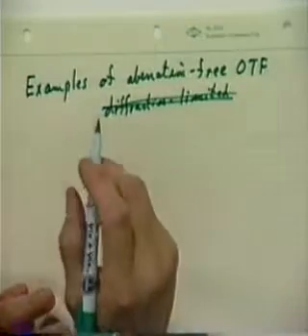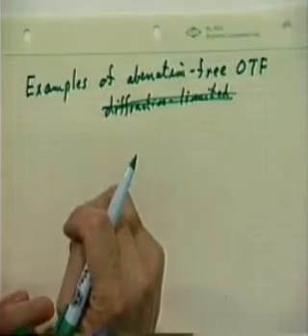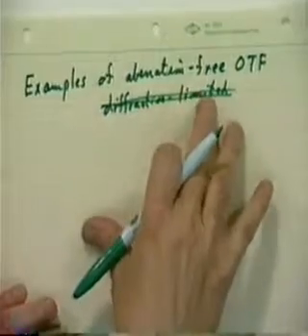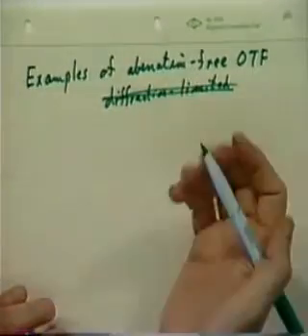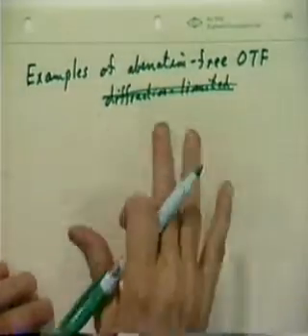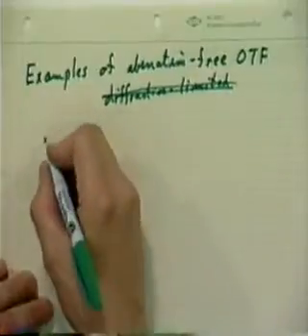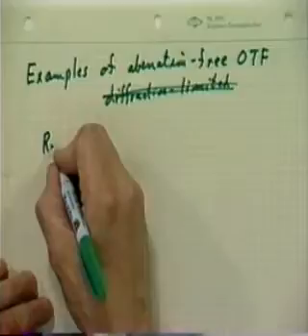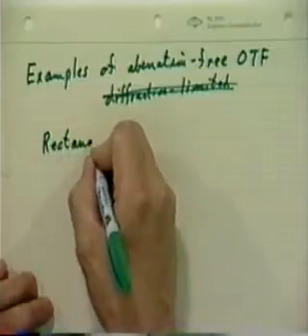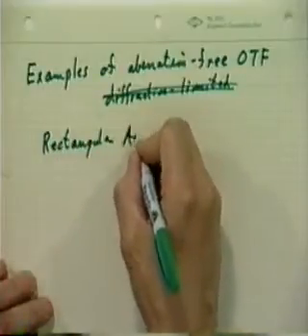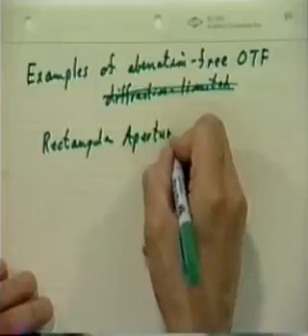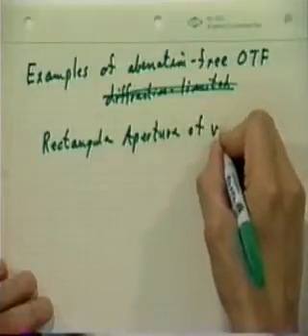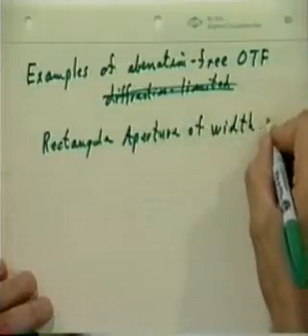Okay. Well, let's say we have a square aperture. Now, I don't know how many of you have seen a square lens, but we're going to have one now. So we have a rectangular aperture of width 2W.